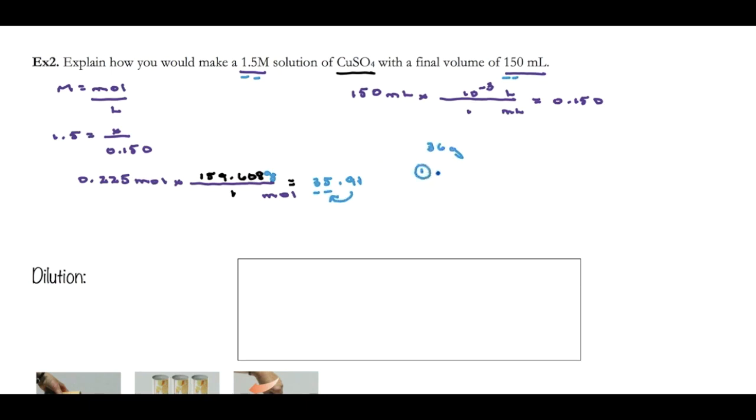First, you're going to weigh 36 grams of copper sulfate on a scale. Okay, then you're going to add it to a graduated cylinder, and then add enough water to get a final volume of 150 mils.